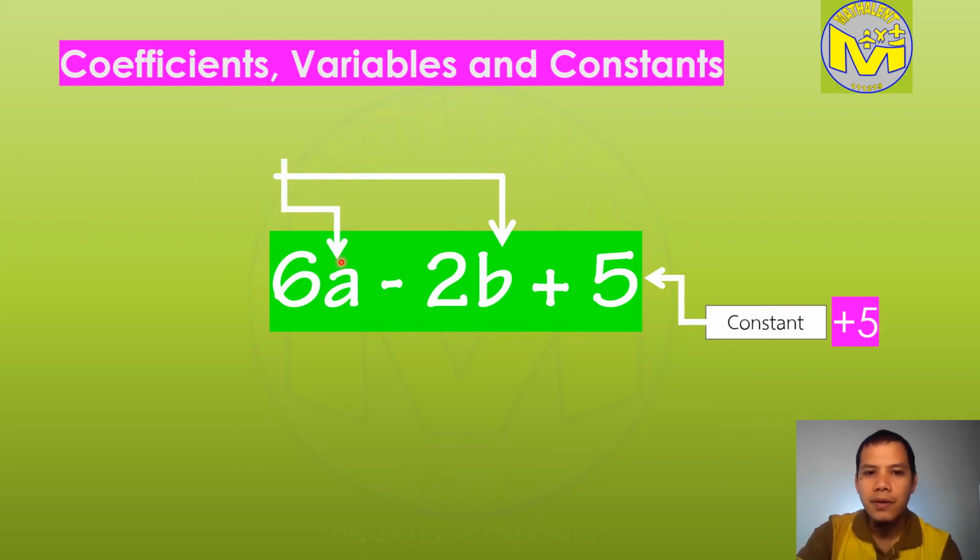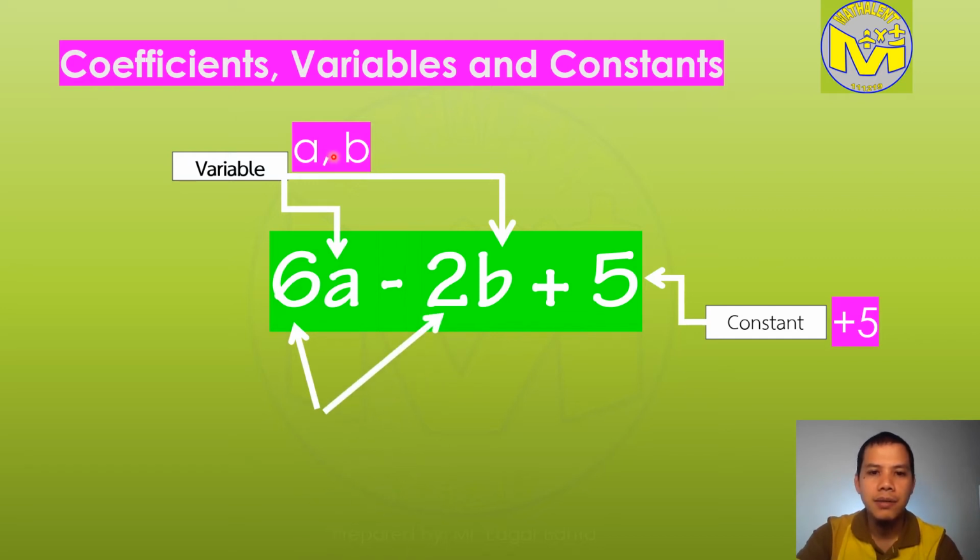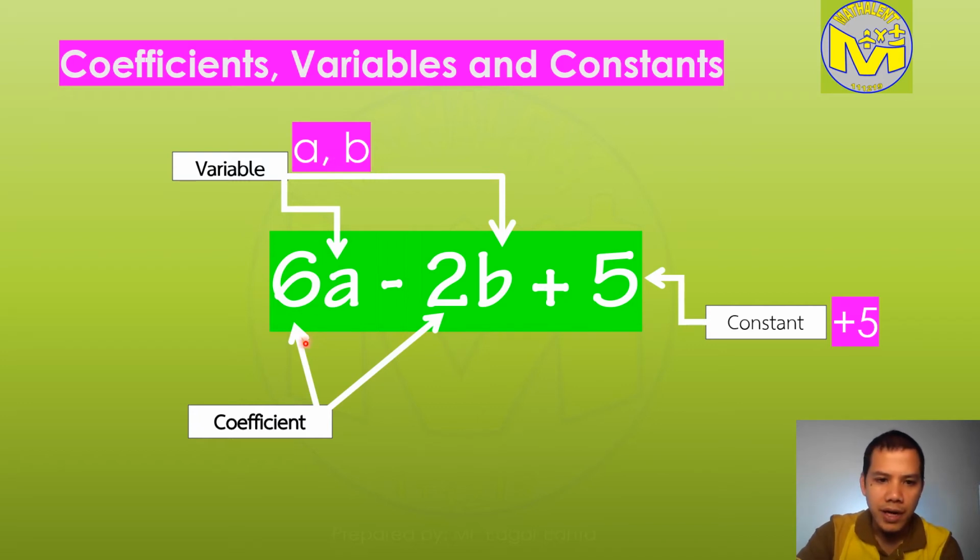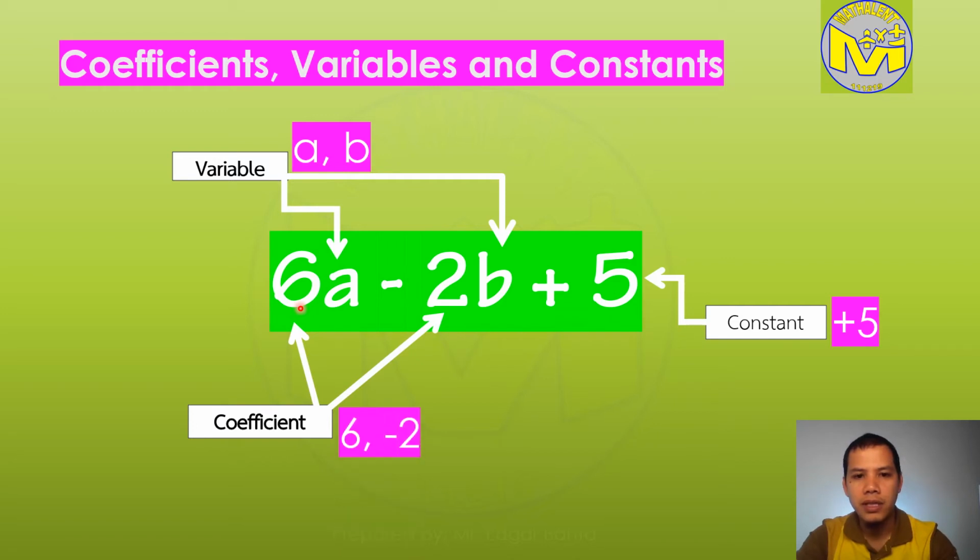And also, a is a variable. So we can say that a and b are variables. In this expression, we have two variables. Next, 6 and -2. These two numbers are coefficients. So we have two coefficients in this expression, 6 and -2.